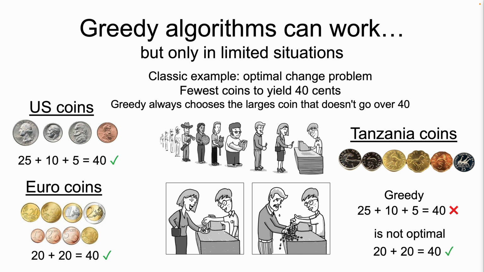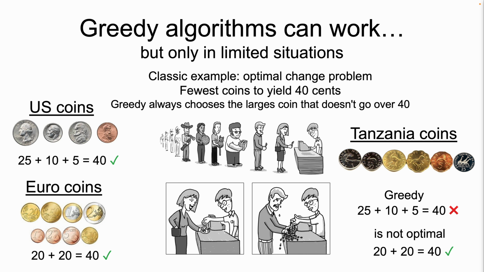And so the US coin system, it's not the same as the European system, but they both work in this case. I'm just giving an example of 40 cents, but I think this works for all possible denominations, where the optimal number of coins works using the greedy algorithm.